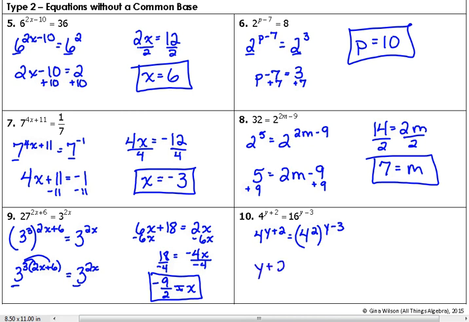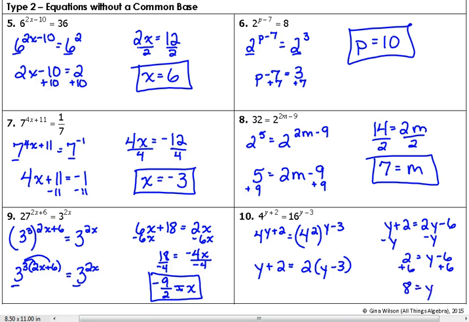So we've got y plus 2 is equal to 2 times y minus 3. So y plus 2 is equal to 2y minus 6. Subtract y from both sides. Add 6 to both sides. 8 is equal to y.